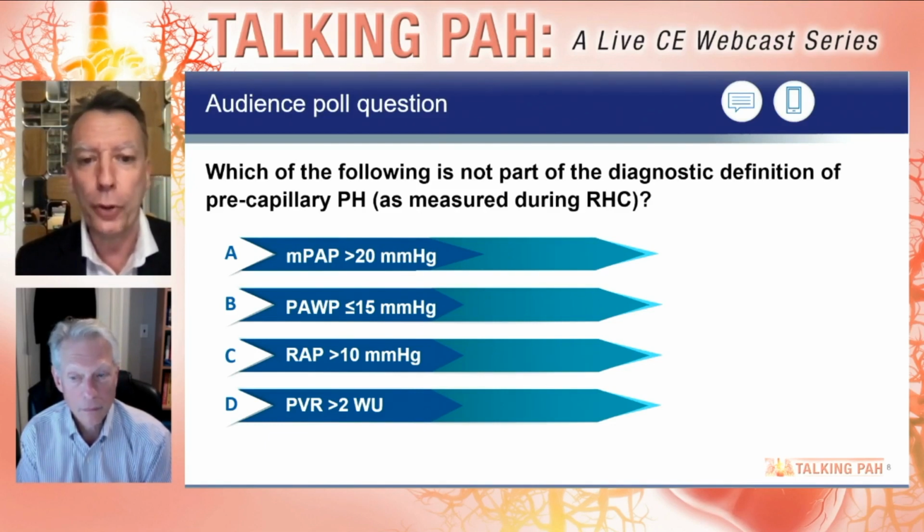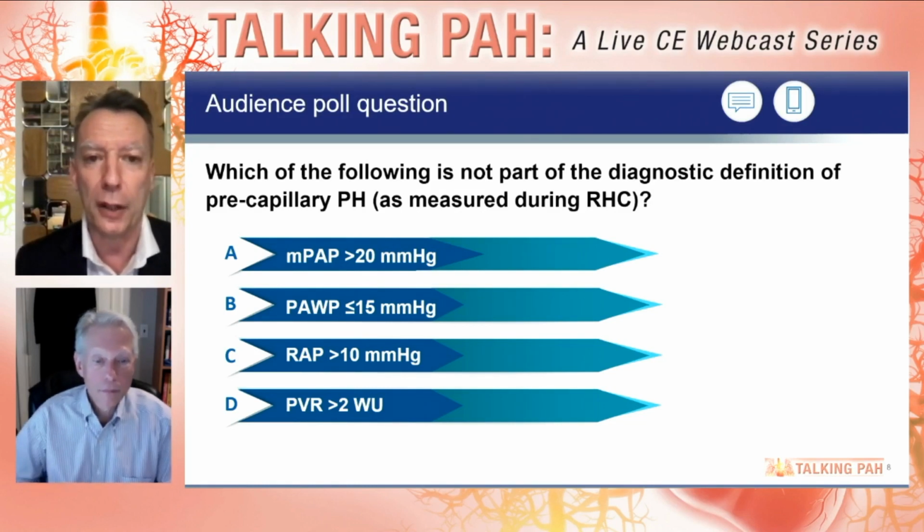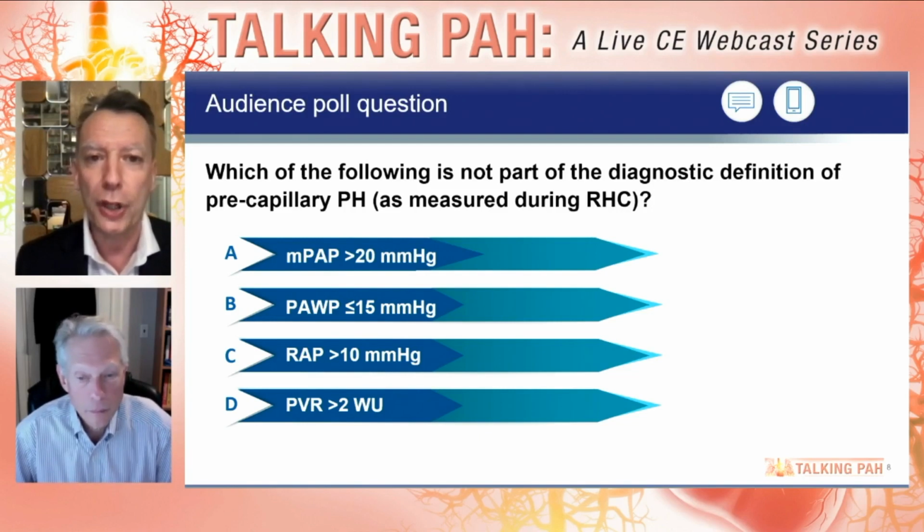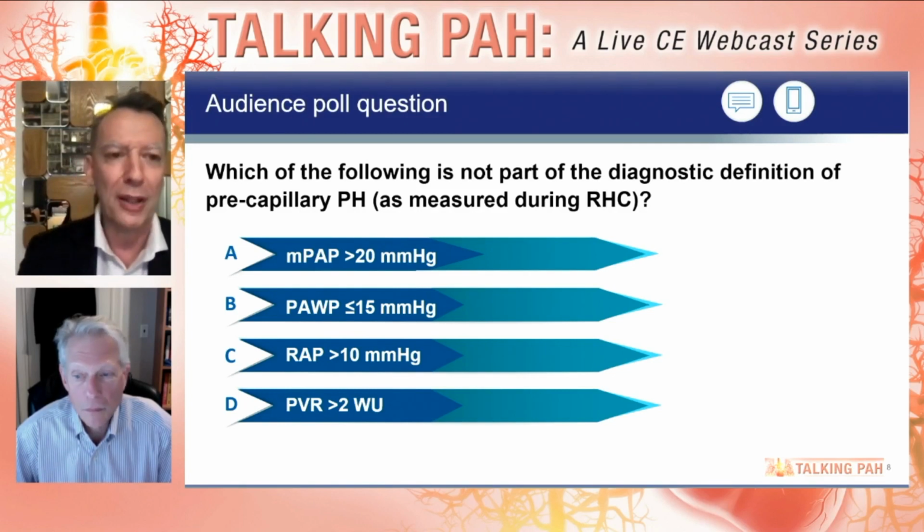Then recently we performed a series of systematic analysis and meta-analysis, which allowed us to define properly what is a true normal value, what is a standard deviation, and what is the upper limit of normal. So thank you very much for this question.